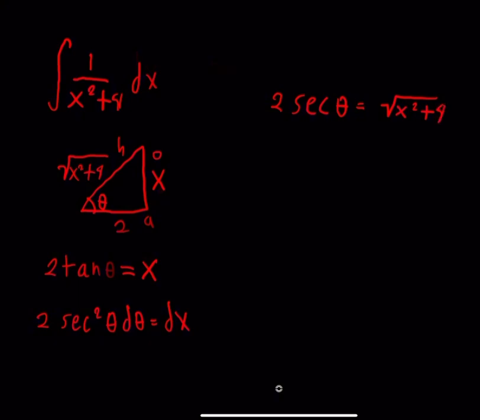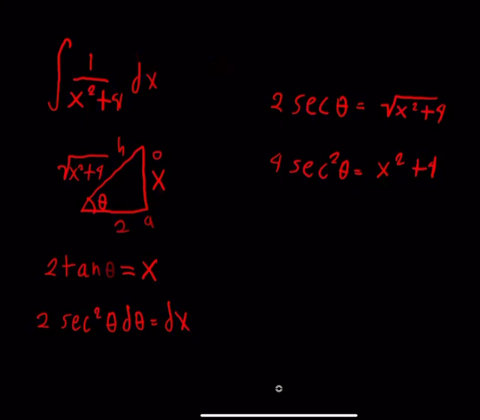Now that we have this step, let's square both sides so we get x squared plus 4. We're going to get 4 secant squared theta is equal to x squared plus 4. And in this way, we have not only d theta, but we also have this.